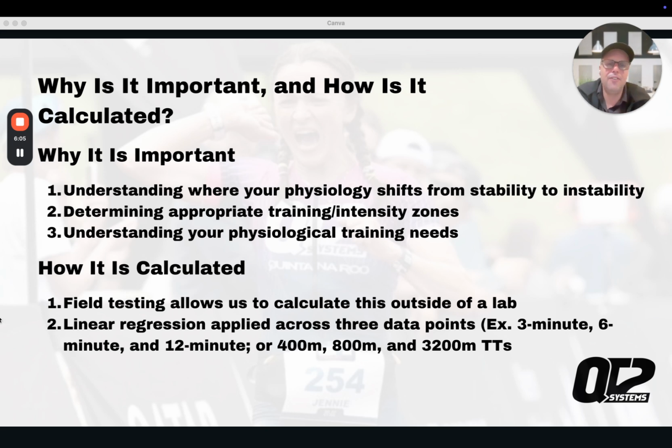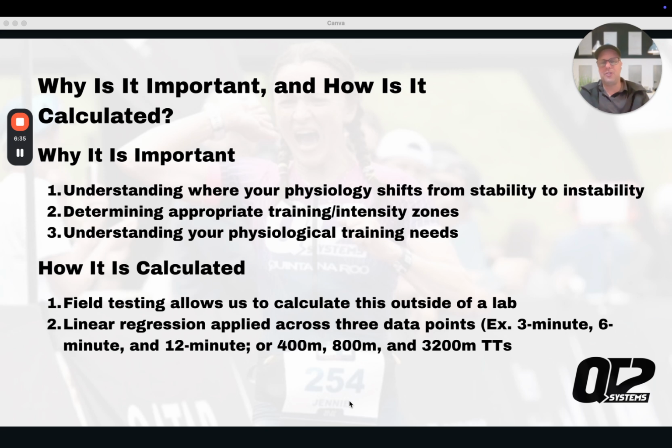For running, it's very easy on the bike because we can choose 3 minute, 6 minute, 12-minute to make sure we have a short, medium, and long test. On the run, what I typically recommend is to choose a distance that will take the athlete somewhere around 90 seconds for the short test, plus or minus, around 2.5 to 3 minutes for the medium test, and somewhere around 10 to 15 minutes for the long test.